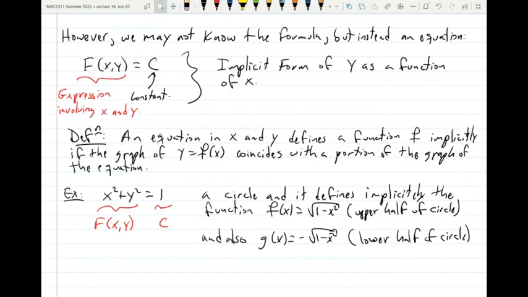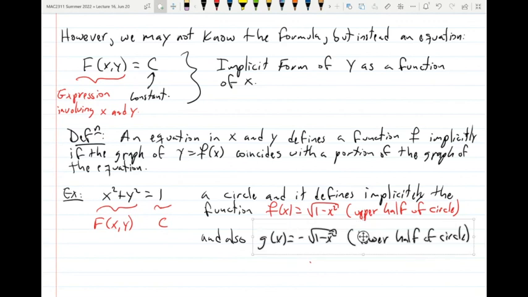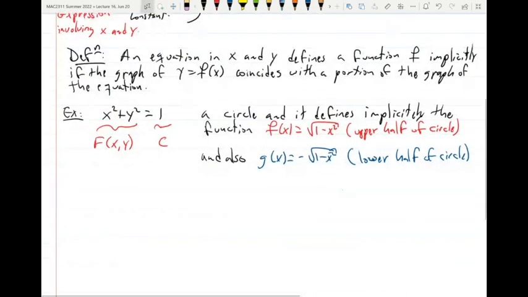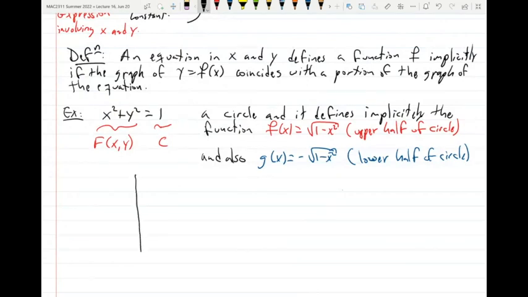So let me color code this. And then let's put this one in blue. Okay, so basically we have our equation, we have our circle. This is the unit circle.